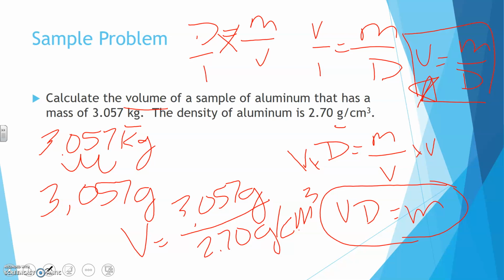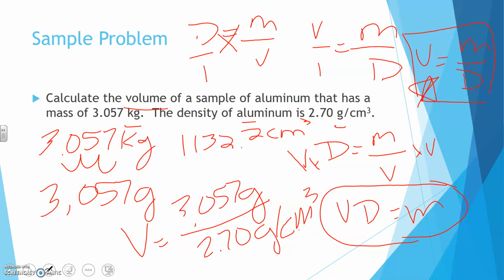And we end up with 1,132.2 repeating centimeters cubed. Now if you wanted to, you could transform that into meters cubed by just moving your decimal place 3 places, but honestly, leaving it that way is perfectly fine.